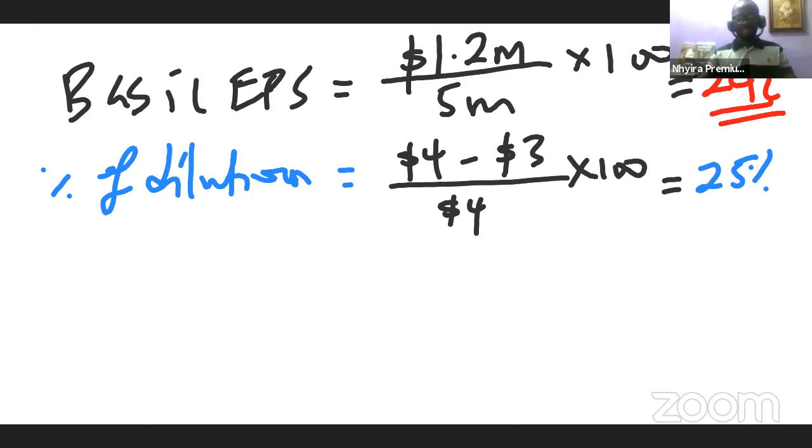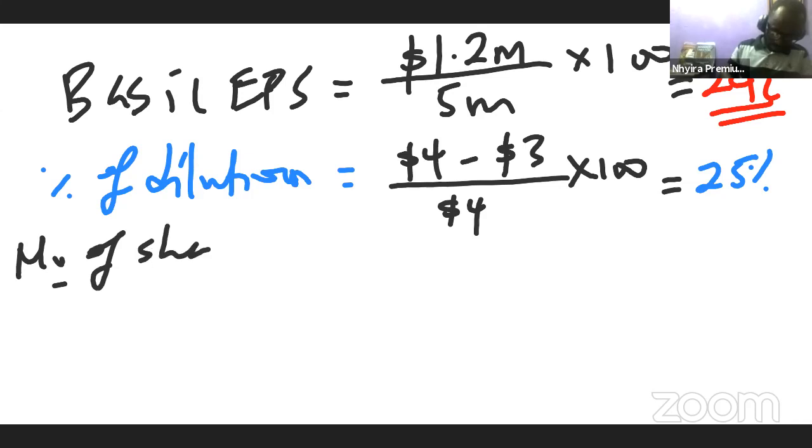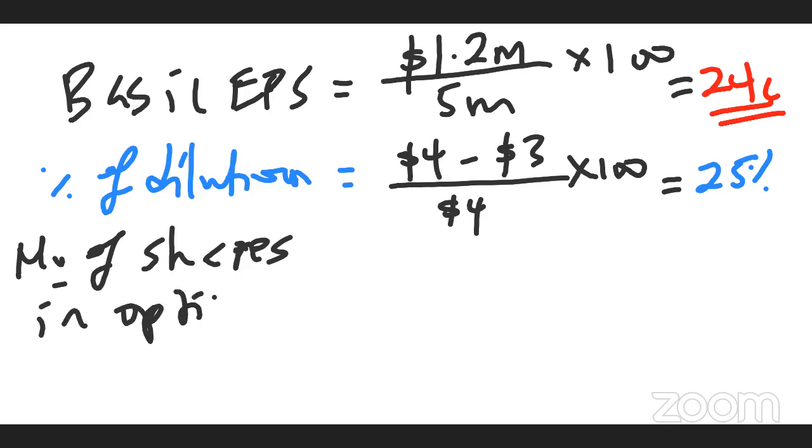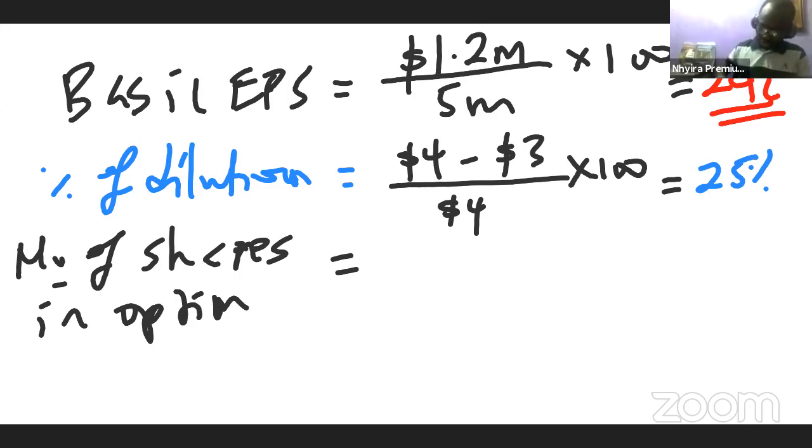Then we go to the second step. The number of shares in the option is going to be 25% of 1 million, because the share option was 1 million.